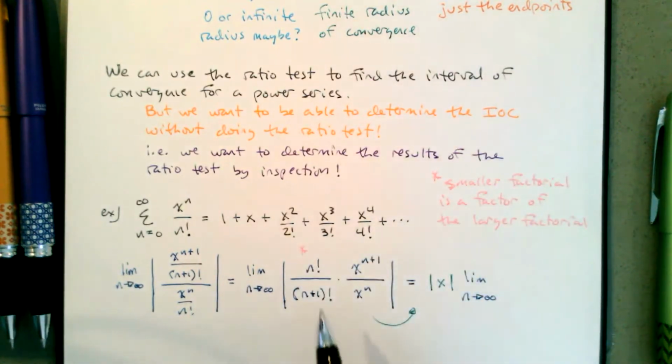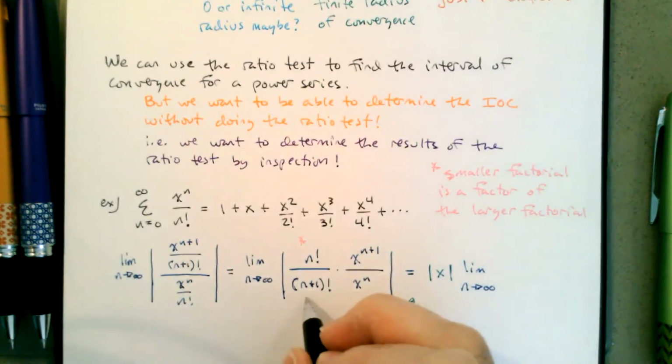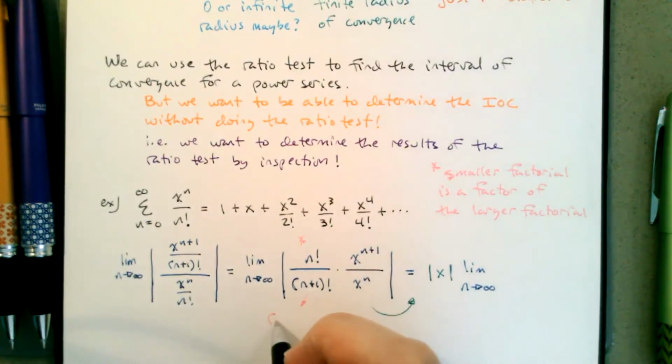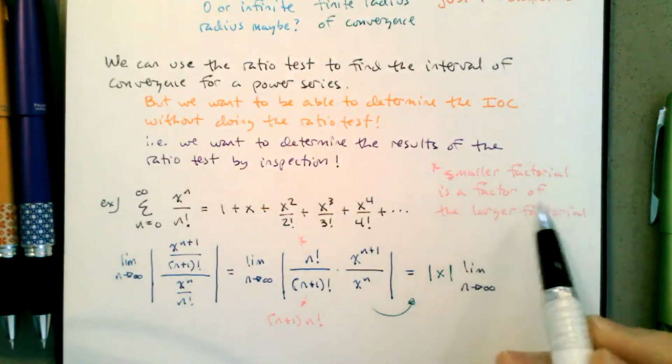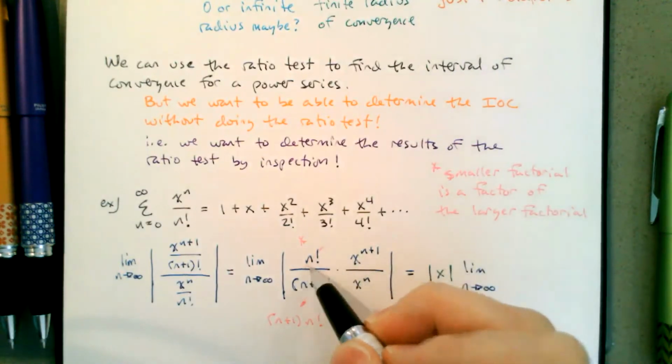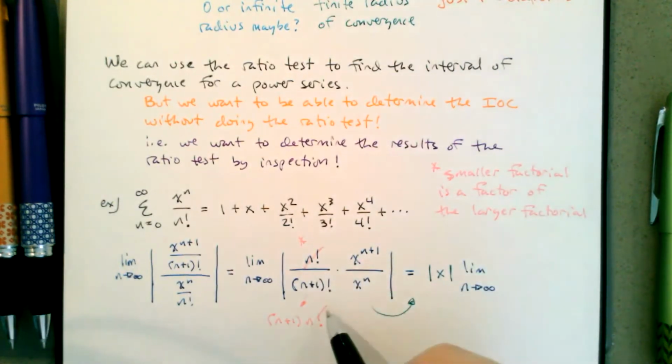Our strategy for simplifying factorials is to write the bigger factorial until we get to the smaller factorial. So I write this one out as n plus 1 times n factorial. And since the smaller factorial is a factor of the larger factorial, that's why the n factorial cancels out.